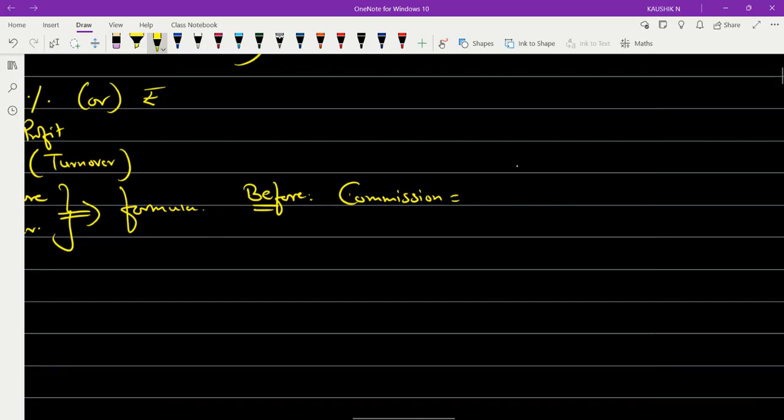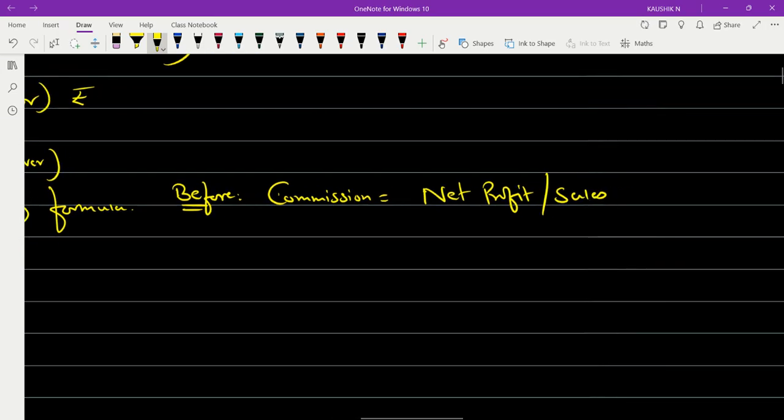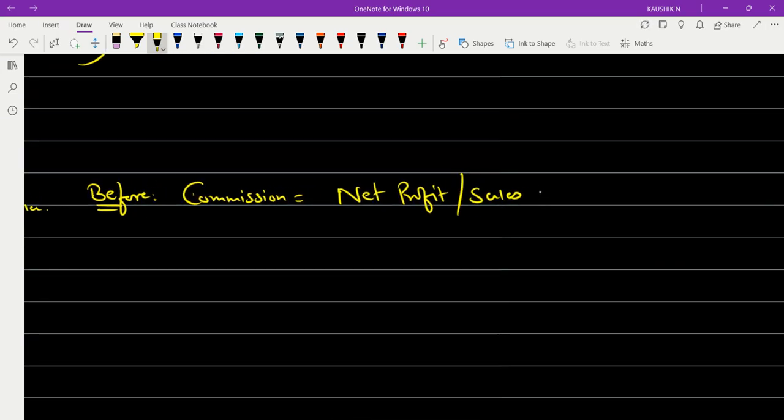So it will be net profit or sales, whatever is given in the question, value into rate by 100.